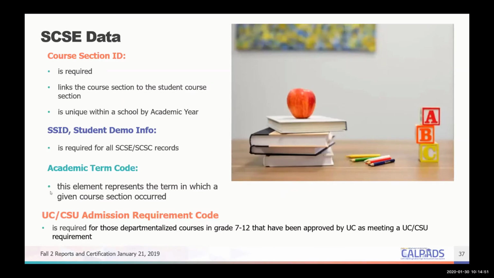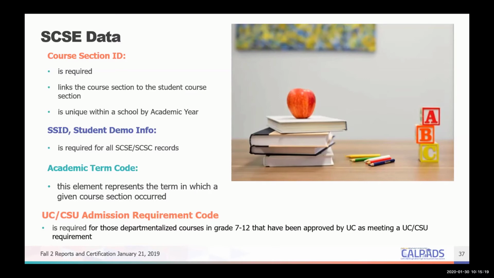And so after your courses are reported, you're going to enroll the students in the course using the student course section enrollment, or the SCSE file. And that file is a very small file, but it does have some elements that we're going to discuss. One of which is the course section ID. It's a required element that will tie the student to the specific course section that they are enrolled in. It's identified by the academic year and the school of course delivery.